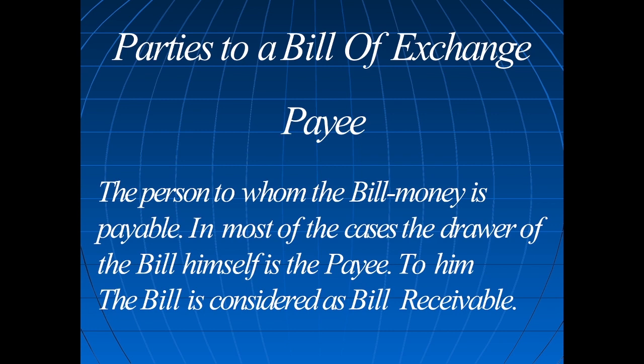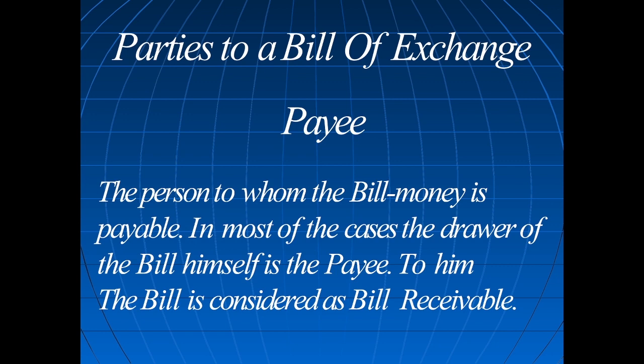Sometimes I discount the bill with the bank. Then I have discounted the bill with the bank. Now the bill is with the bank. The bank will send it to A for collection of money. Then the payee is the bank.